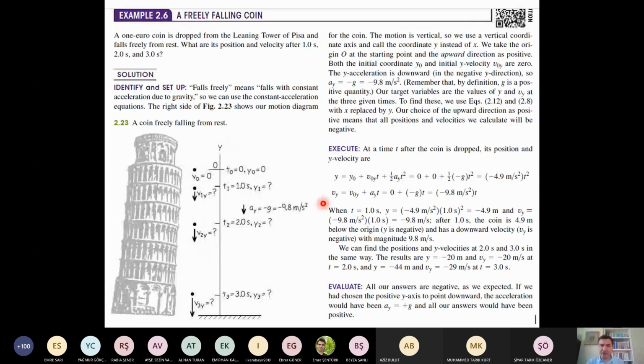The first one is minus 4.9 meter. The second one is minus 20 meter. The last one is minus 44 meter. So because this is the positive y direction, this is the negative y direction, and the particle is moving along the negative y direction, for this reason, we have positions with negative numbers.